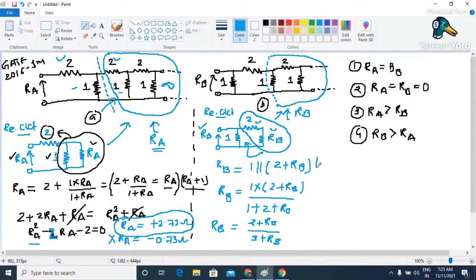Now if you solve this for RB, I can write 3RB plus RB square, which is going to be equal to 2 plus RB.